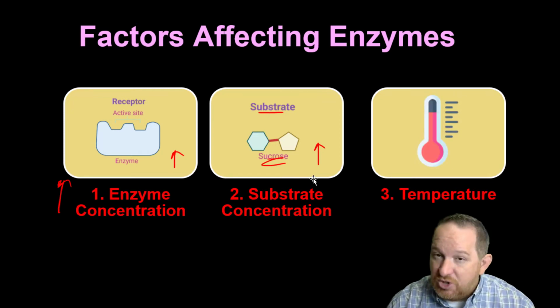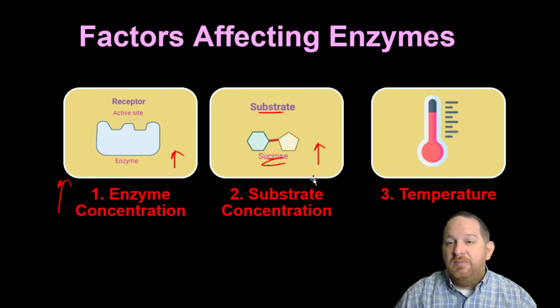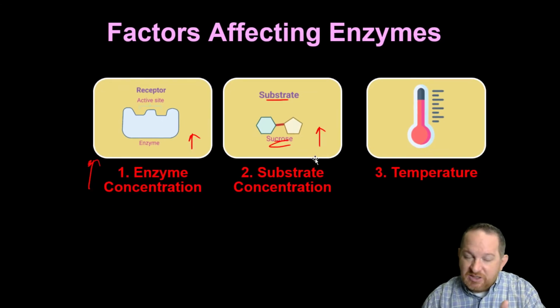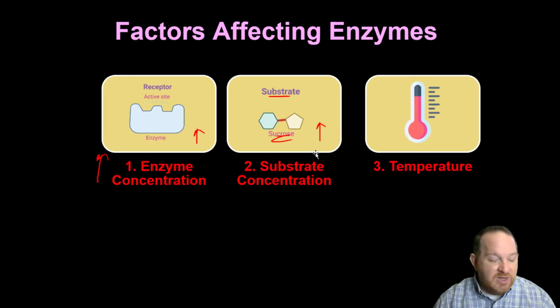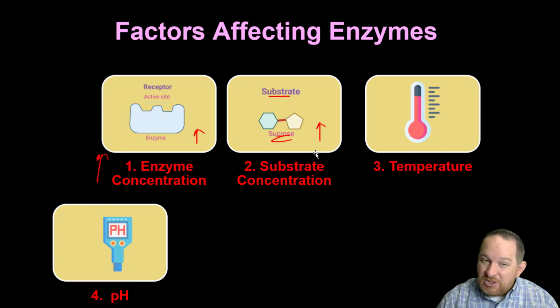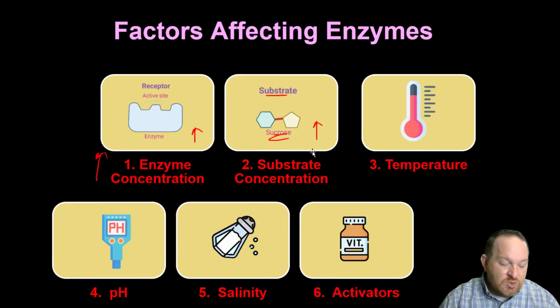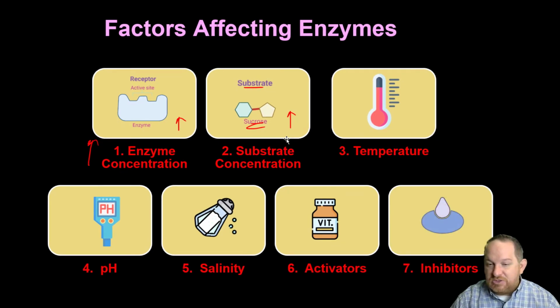Also, the temperature affects the rate at which enzymes take place. Now I'm going to go over each of these individually in a moment, but I wanted to give you the general overview. pH, right? How acidic or basic a solution is will affect how the enzymes work. How salty, right? The salinity. And then two others, activators and inhibitors.